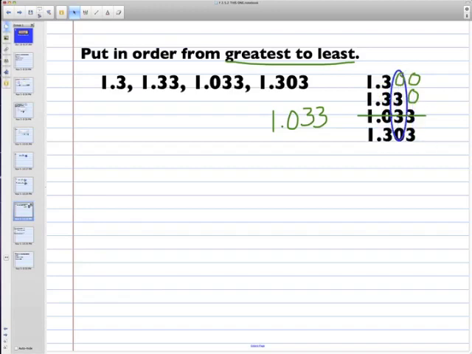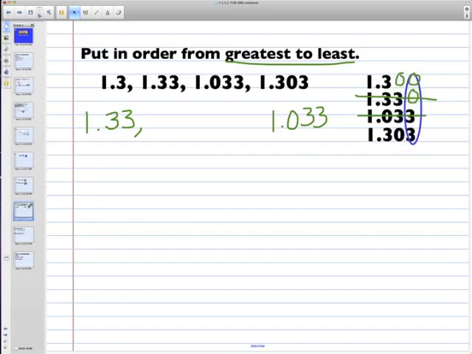And what I notice about the hundredths is that I have 2 that are at 0 and one is 1.33. So I think we already found our largest decimal, and that's 1.33. And then I'm going to cross that one off, and now I've got 2 that I'm comparing, and I'm going to move that circle one more time to compare.